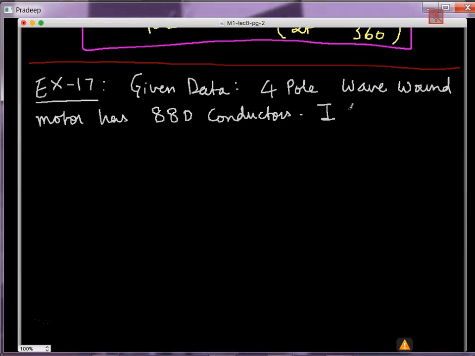So load current is 120 amperes, which can be assumed to be armature current also, because the field current is not given in this.